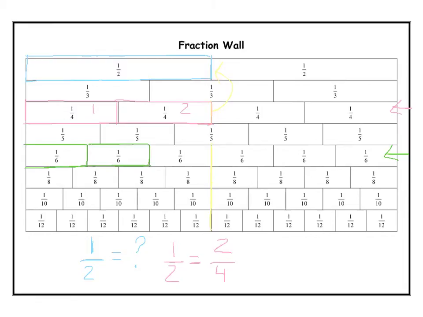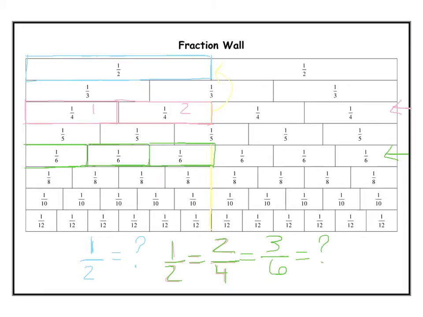That still hasn't done it. But if I shade in that third sixth, then that's going to give me an equivalent fraction. So I can add to this down here that 1/2 is equal to 2/4, and it's also equal to 3/6. All right.